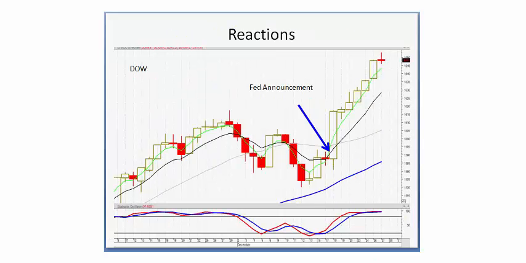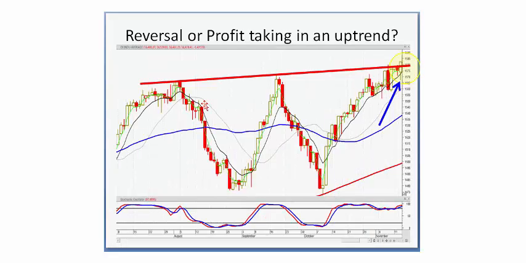We can see what the announcements are. This was kind of a Fed announcement a while back. Is the Dow going to stay up, or can we see on the 10-minute chart that it's backing off? If we can see that they're continuing to take it up, that gives us that much more confidence to be buying positions.